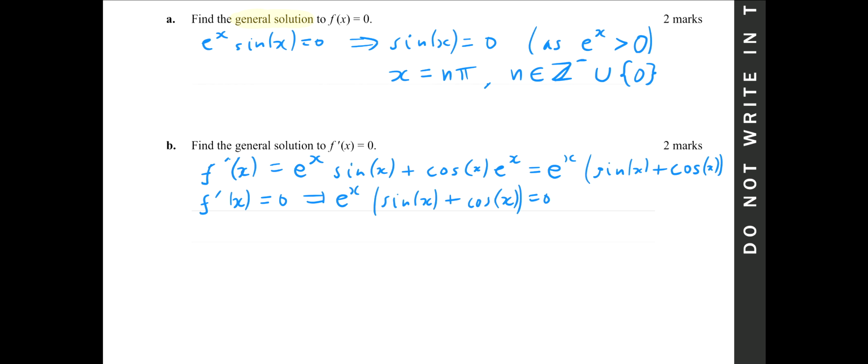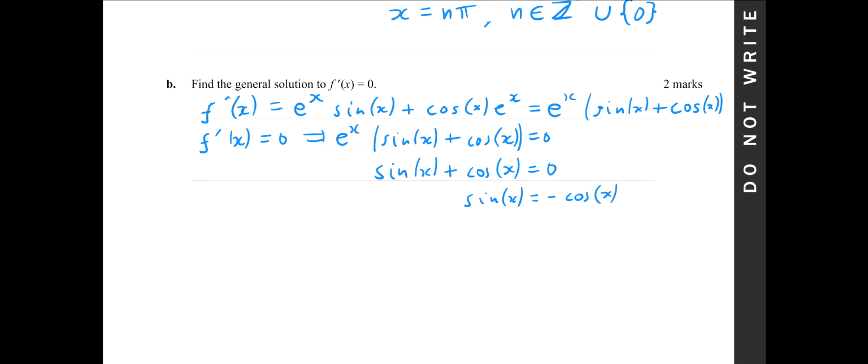And for a similar reason, we can drop the e to the x, we can divide both sides by it. So we end up with sine x plus cos x is equal to 0. So taking the cos to the right-hand side, sine x equals negative cos of x.